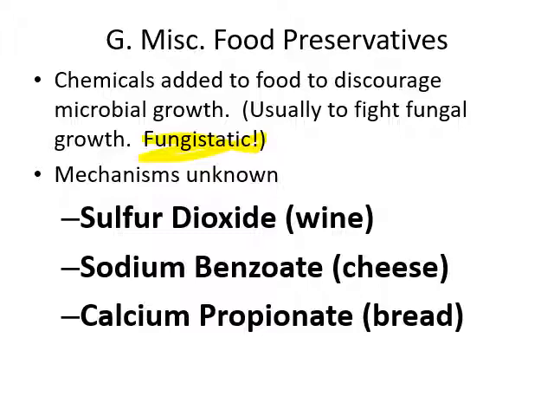So, for example, sulfur dioxide has been added to wine for centuries to discourage fungal contamination of wine. Sodium benzoate has been added for centuries to cheese to slow down fungal spoilage of cheese. And calcium propionate has been added to bread for probably 100 years to slow down the spoilage of the bread.